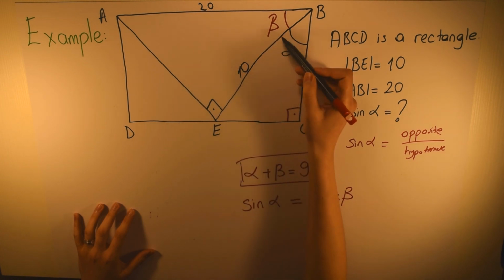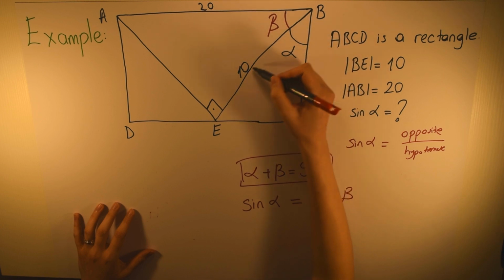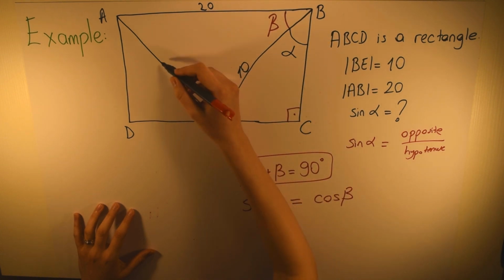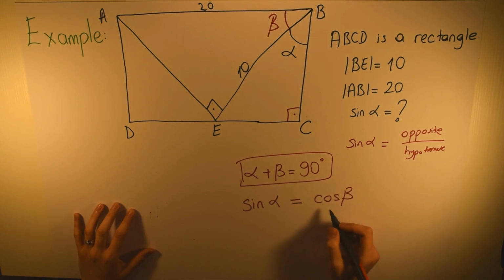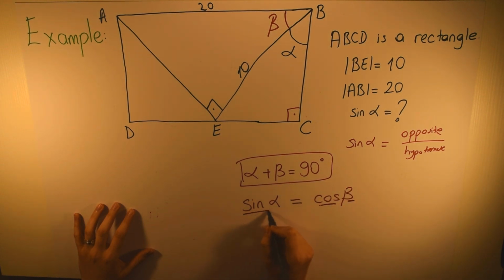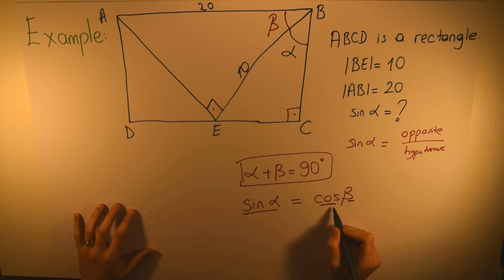Because when you look at this right triangle, we know all the sides. We can also find this side very easily. So it's very easy to find the value of cosine beta, which is also equal to sine alpha. So how do we find the value of cosine? It is equal to adjacent side over hypotenuse.